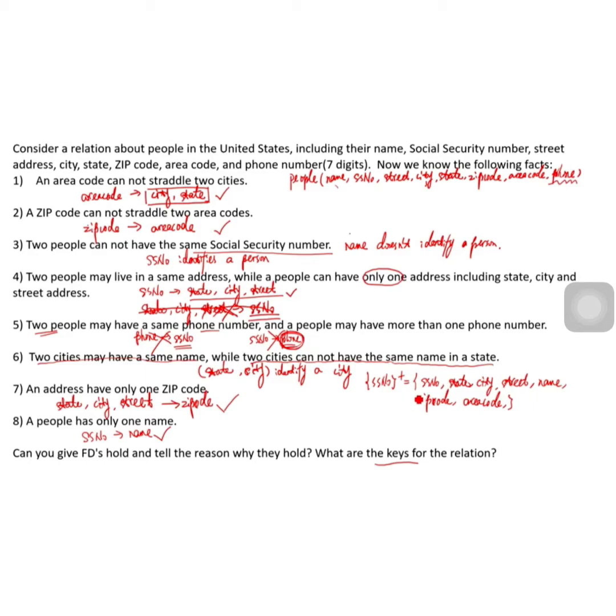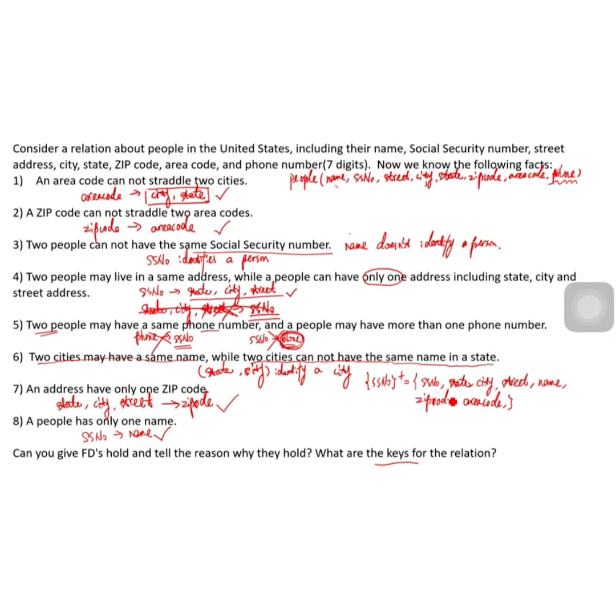No phone in the closure. So is SS number a key? No, it's not a key. It's not a superkey because the closure of SS number is not the set of all attributes. No phone in the result.